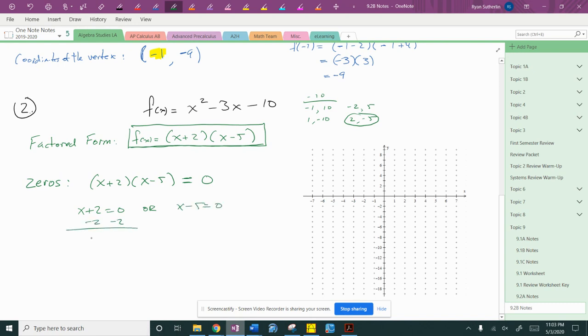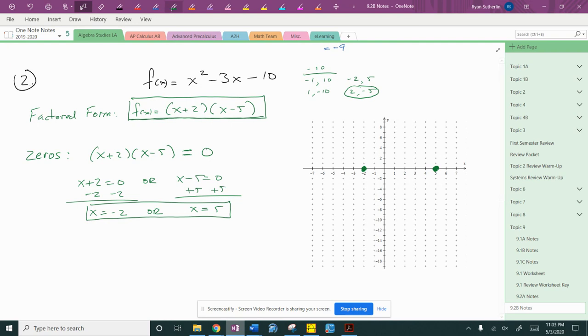Subtract 2 from both sides, I get x equals -2, or here I add 5 to both sides, I get x equals 5. So x equals -2 or x equals 5 are our zeros. At -2 on the x-axis, I'm going to put a point, and at 5, I'm going to put a point.